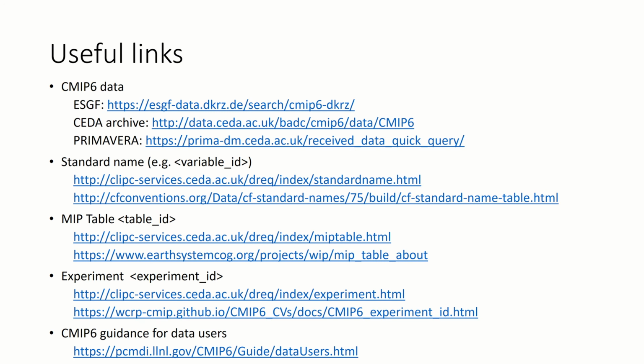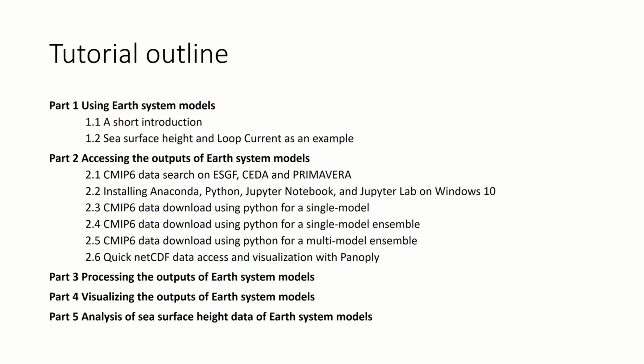If you are not sure what historical 1950 means, you can check it there, or any other experiment. And if you need more details about the content of this video, you can go to the CMIP6 guidance for data users, and you will find more details about the topics covered here.